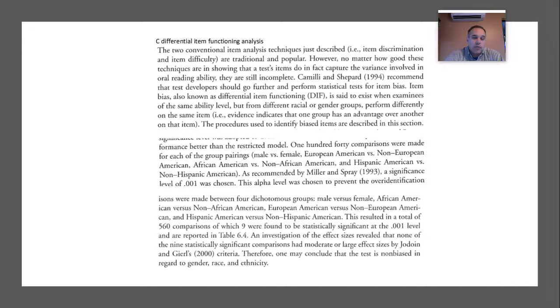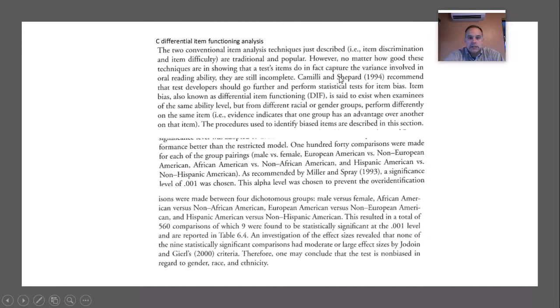And in regards to differential item functioning analysis, 2 conventional item analysis techniques previously described. You have item discrimination and item difficulty, traditional and popular. However, no matter how good these techniques are in showing that test items do in fact capture the variance involved in oral reading ability, they are still incomplete.